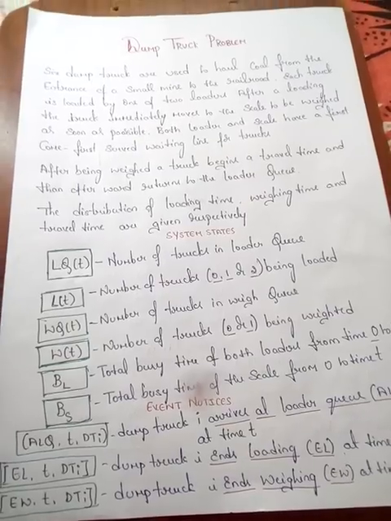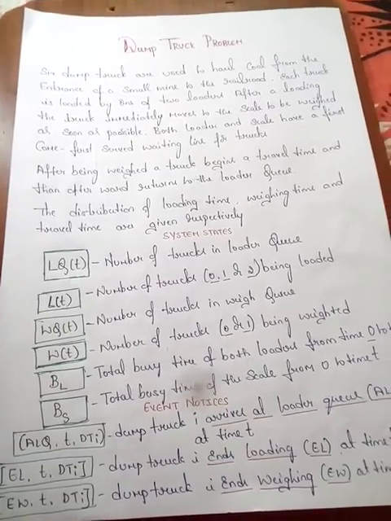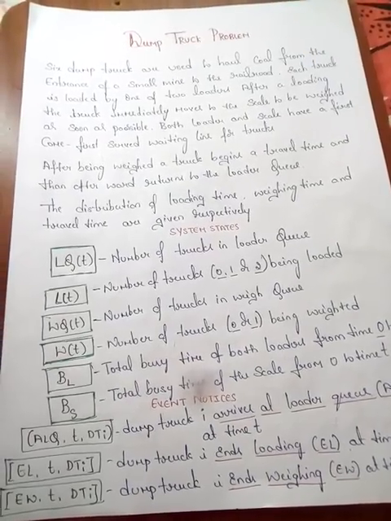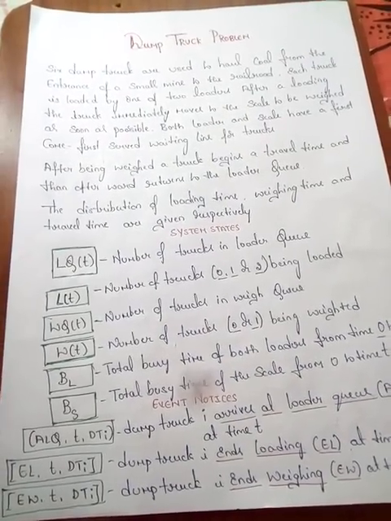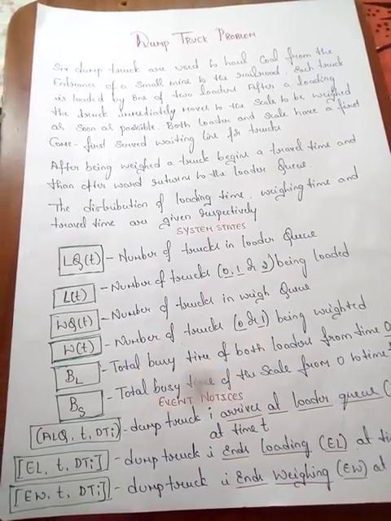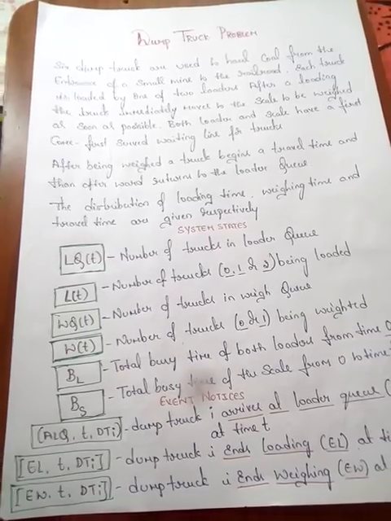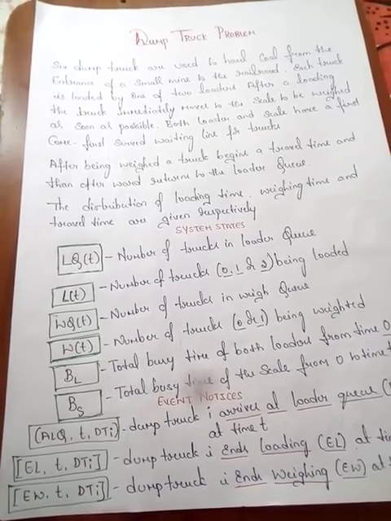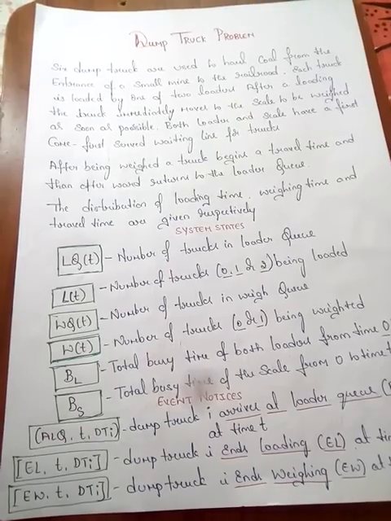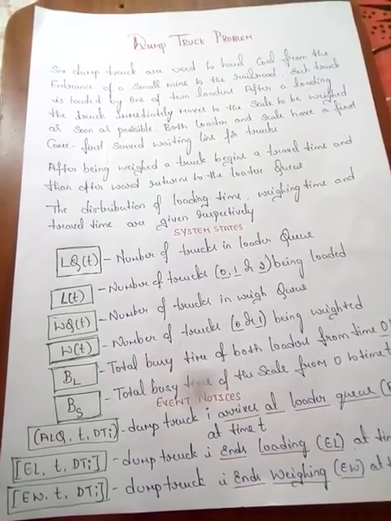Here we have certain system states where LQ of T represents the number of trucks in the loader queue. Then L of T represents the number of trucks that are being loaded. Then WQ of T represents the weighing queue.